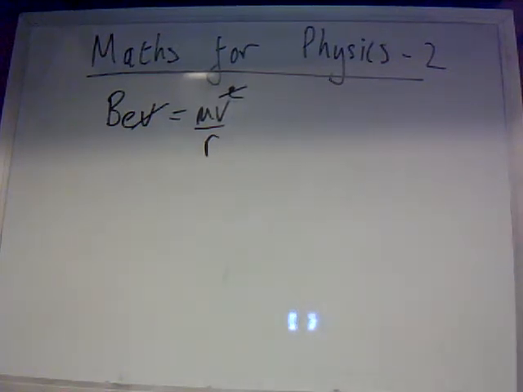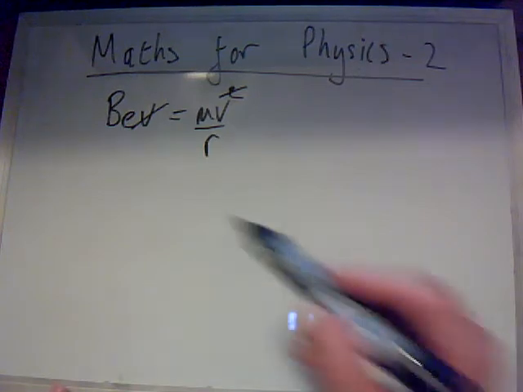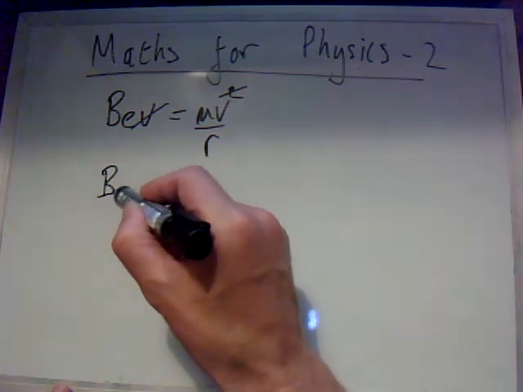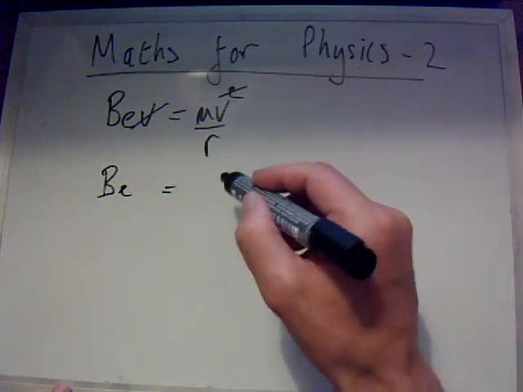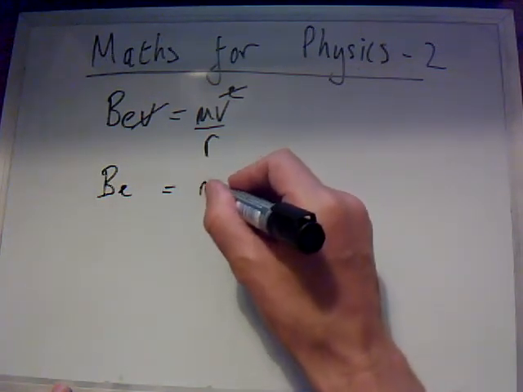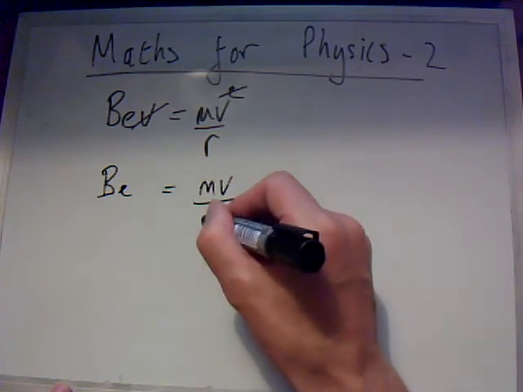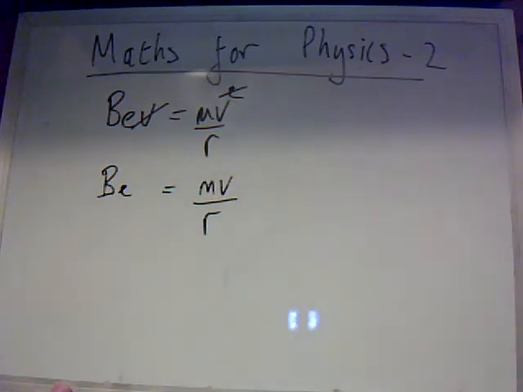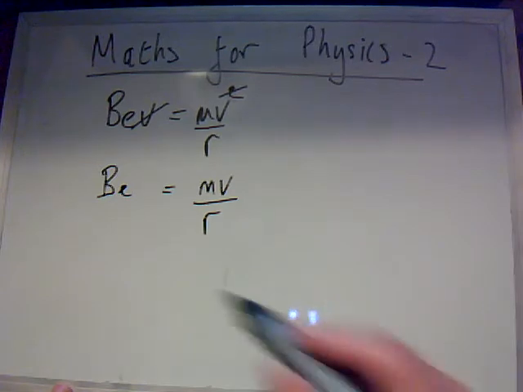Now the next thing we need to do is get E on its own. So if I write it out again, BE equals mv over r. I now need to divide both sides by B.